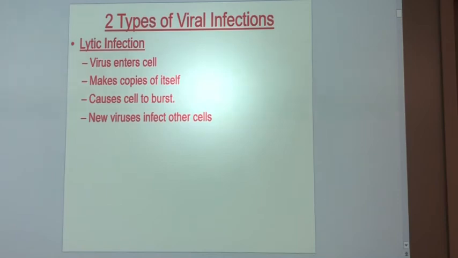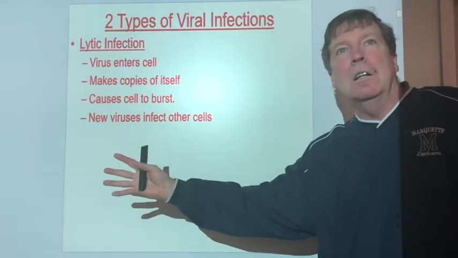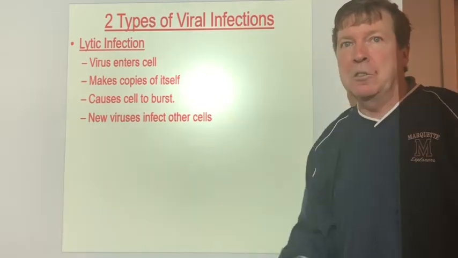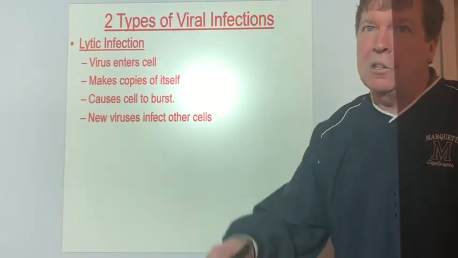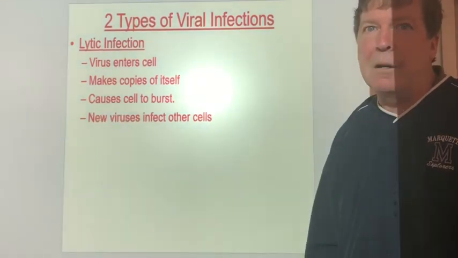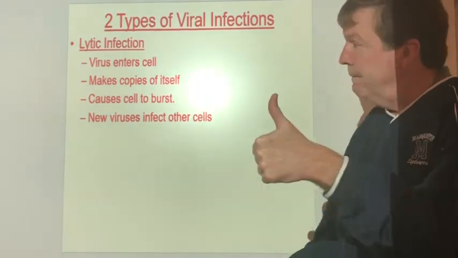So these 10 cells die. They're each releasing 10 more viruses. It doesn't take long before millions of cells have been infected and the person is getting sicker and sicker. But have no fear. The human immune system is here to start taking those viruses out.